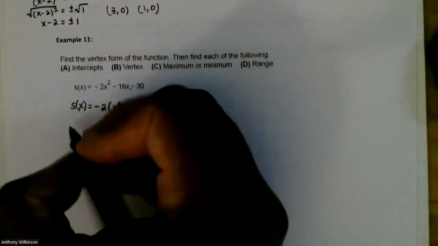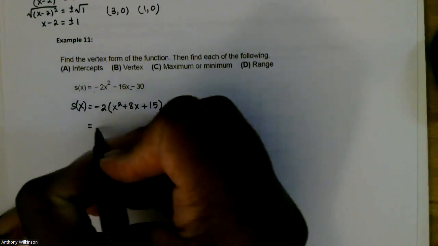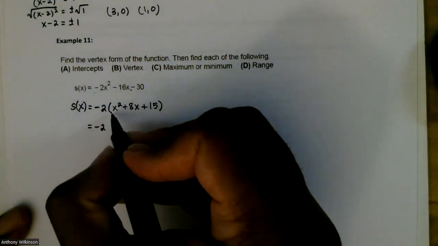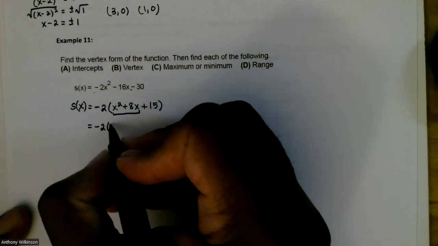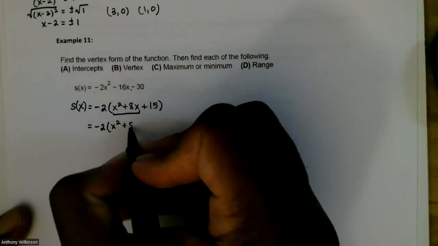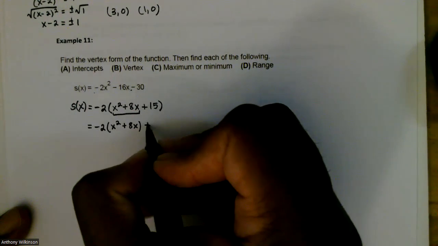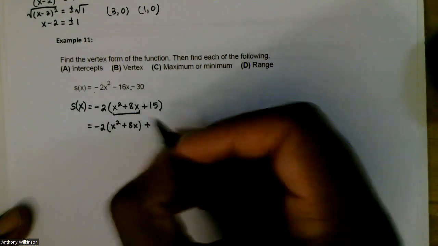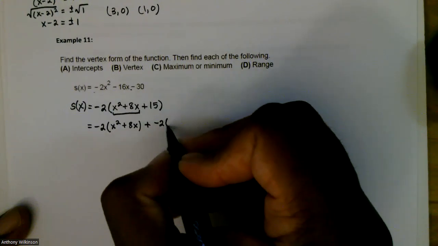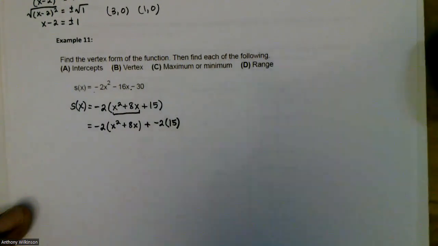So now let's find the vertex form there. Bring down this -2 and just focus on these first two terms here. X squared plus 8x, and then plus, now for this 15, I have to include the -2, so it'd be -2 times 15.